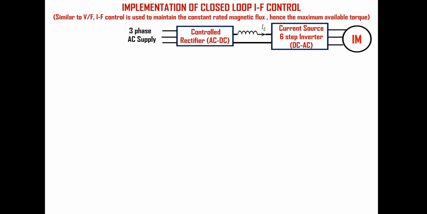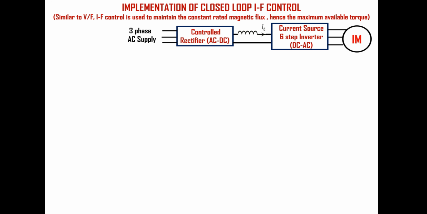Now let's see the implementation of closed loop I/F control. Usually, the I/F control method is implemented using a controlled rectifier and a current source 6-step inverter as shown. As I said, to vary the speed and to get the constant rated magnetic flux and the maximum available torque, we need to control the magnitude of current as well as frequency.